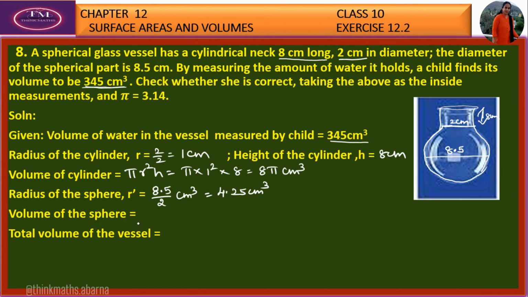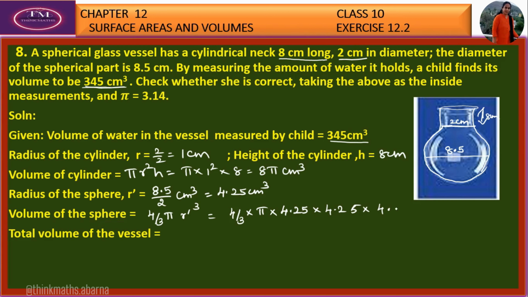What is its formula? Do you all remember? It is nothing but 4 by 3 pi r cube. So 4 by 3 into pi. What is r? It is either 8.5 by 2 or 4.25. So if we take 4.25, it is r cube, 4.25 into 4.25 into 4.25.